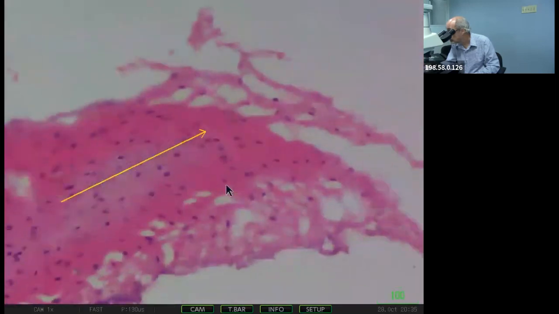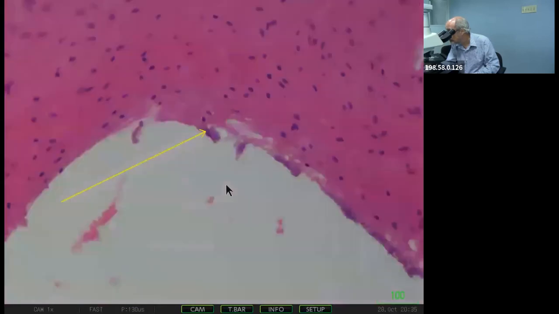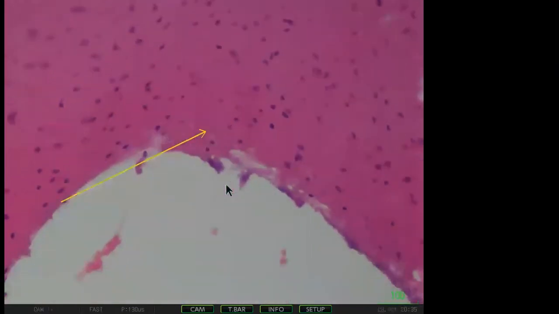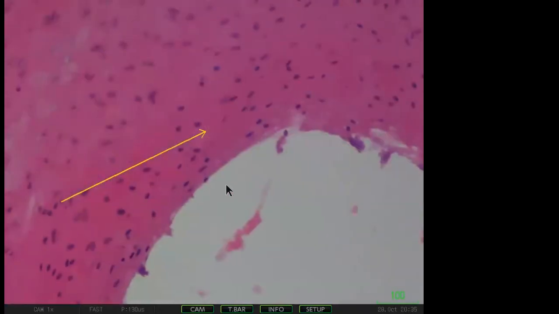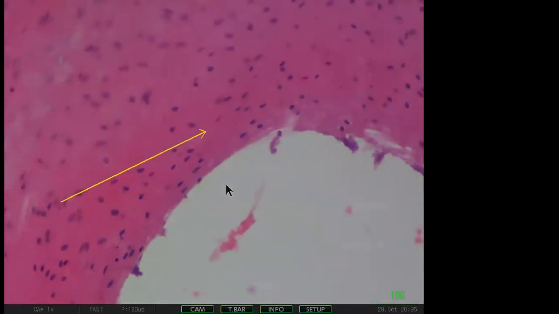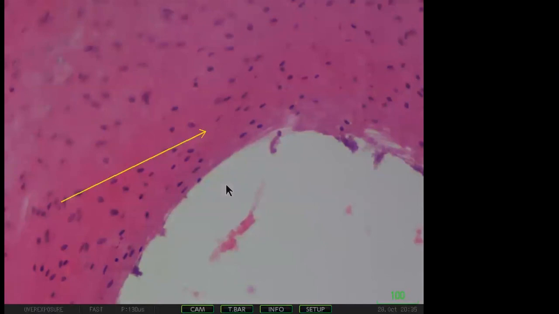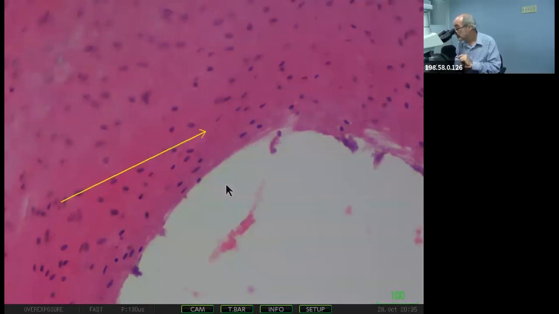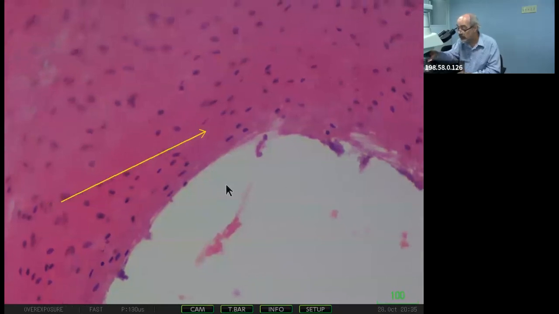No. Look at the cells at the top. Stratified. Stratified squamous. Keratinized or non-keratinized? Non-keratinized. So where can you find it?